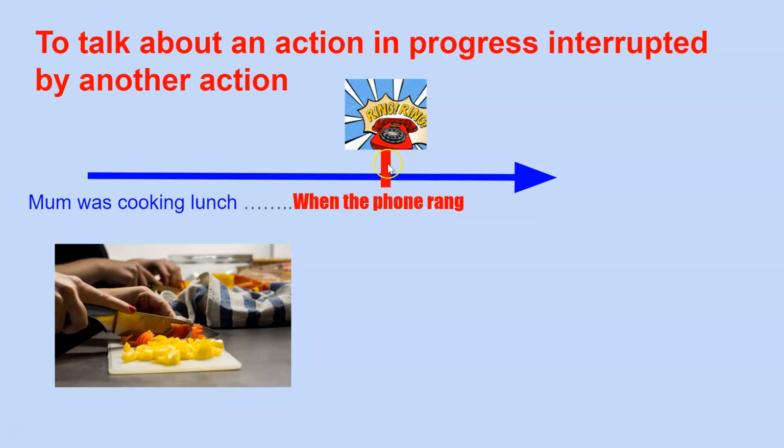So the phone rang while Mom was cooking lunch. This action in the simple past interrupts the action of cooking. So it is used when I want to show an interruption of an action in progress.